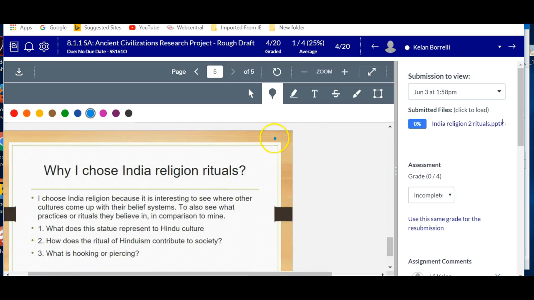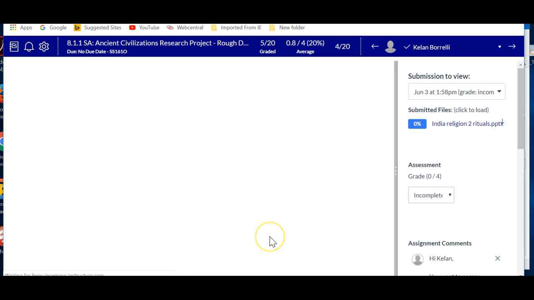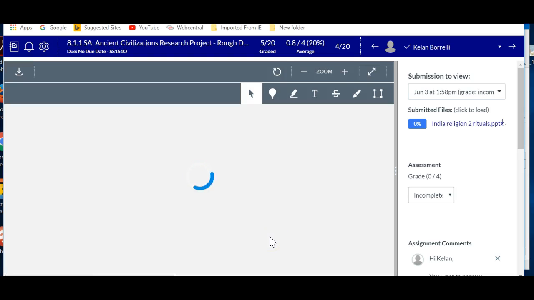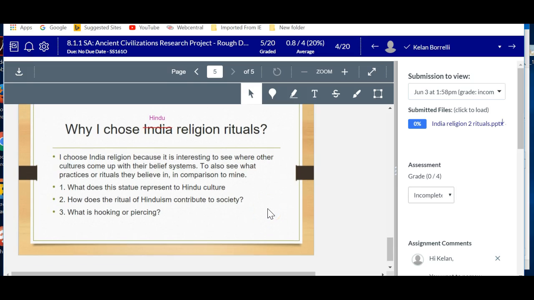Okay. Next slide. Why did I choose India? Religion rituals. Let's make sure that we keep in line with what we've been talking about and write the word Hindu there. And you wrote, I chose India religion.